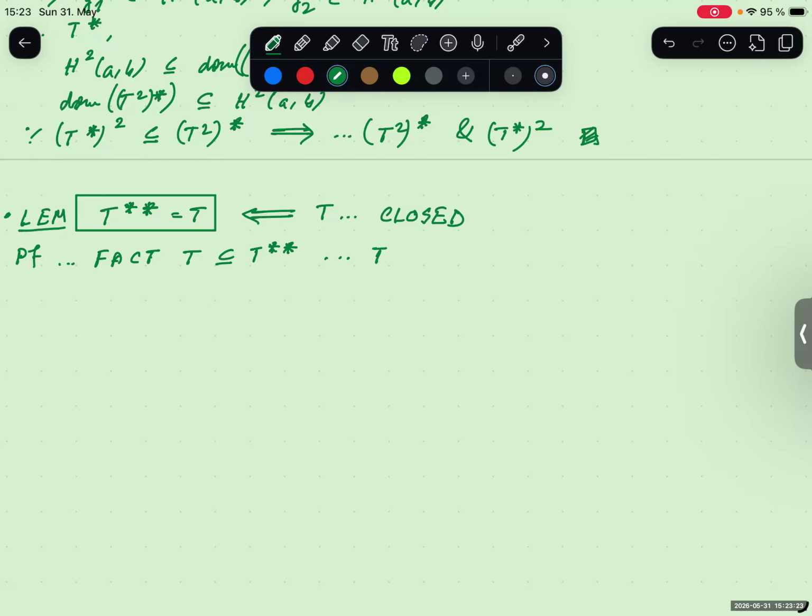So then what we have to show, actually, is the other way around, that T star is a subset of T. Okay. So usual game, let's put W as an element of the domain of T double star.